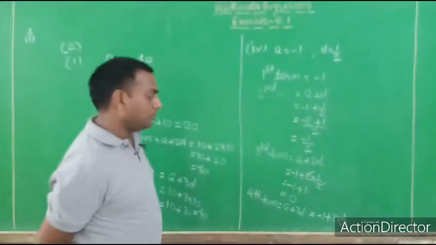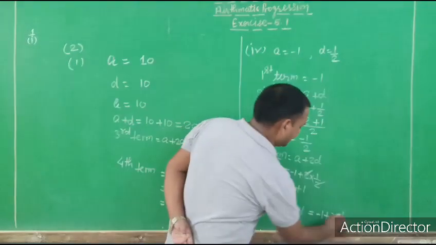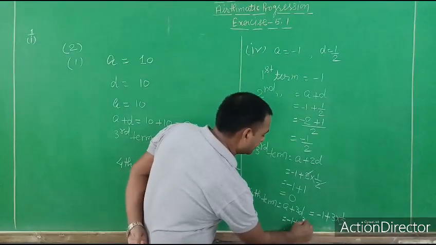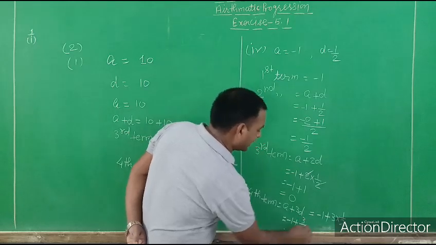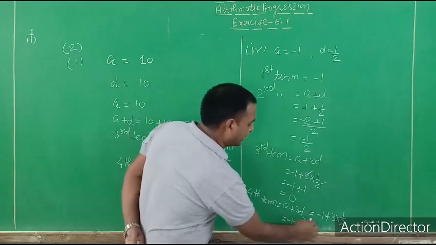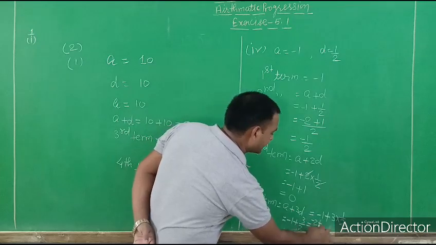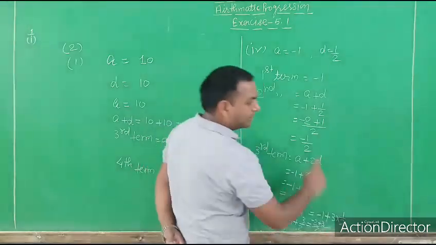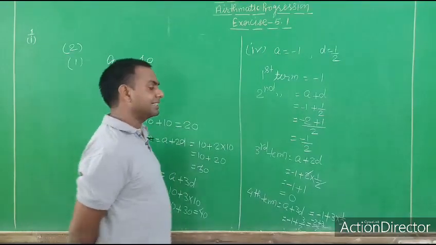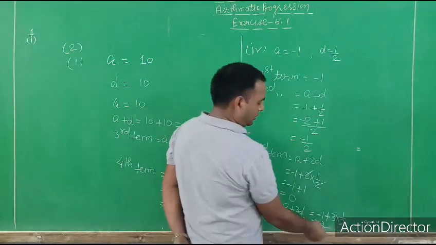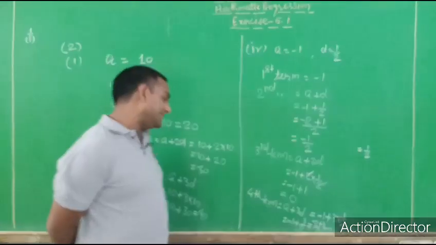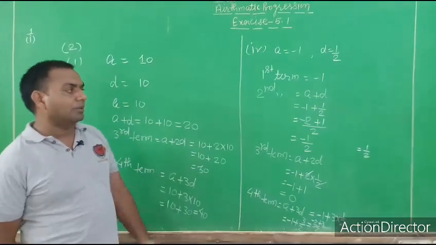So this is equal to -1 plus 3/2. Here also you take the LCM, -2 plus 3 divided by 2. Then -2 plus 3 divided by 2 is equal to 1/2. So the fourth term of this series is equal to 1/2.